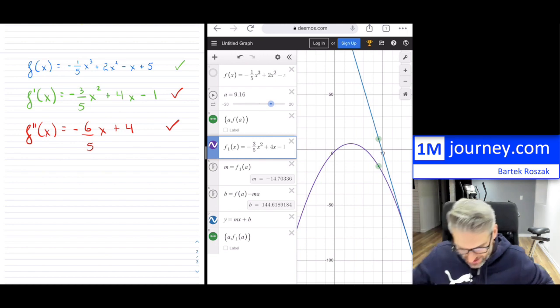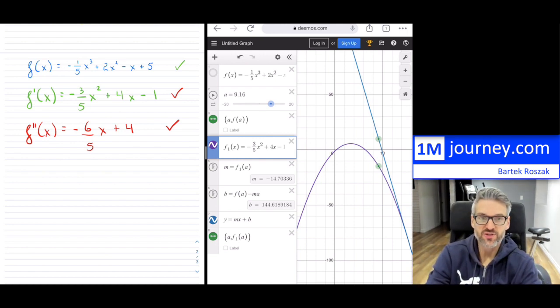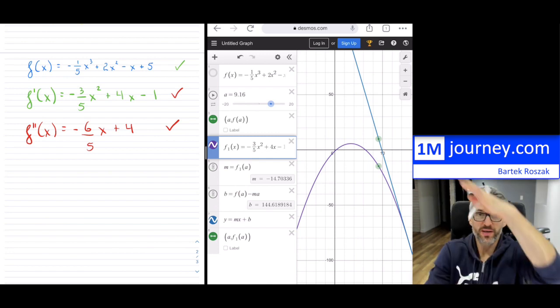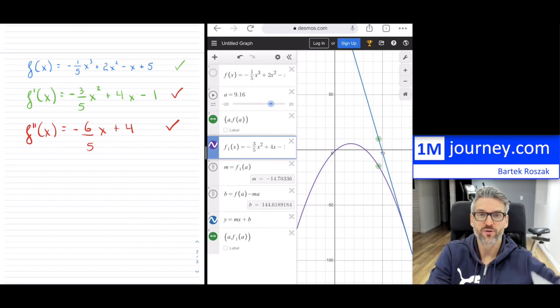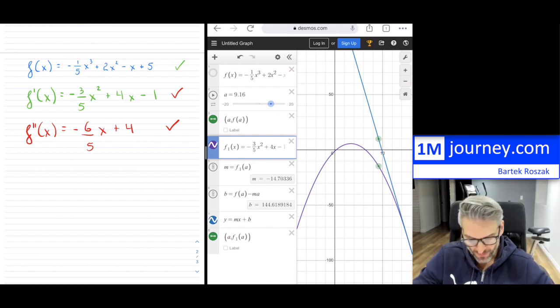And now this, as you can see, is just a line. It has a negative slope, negative 6 over 5. The y-intercept is 4. So it would have been just a line straight across on our plot.